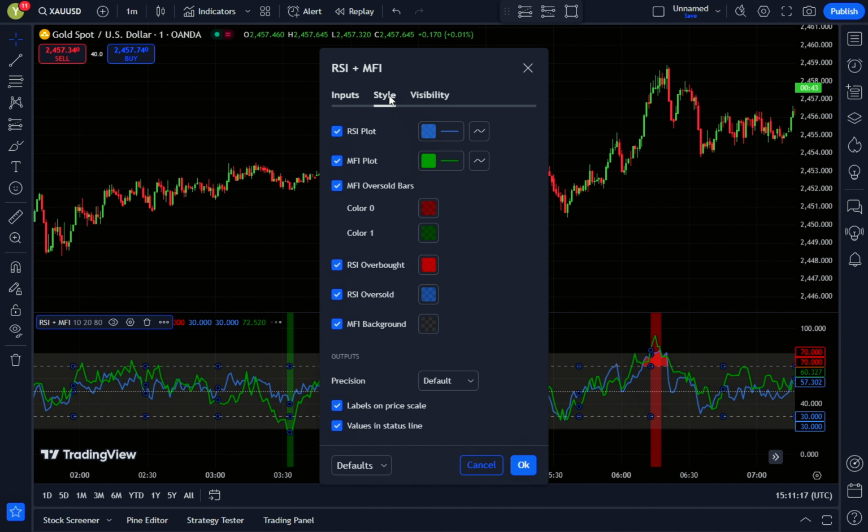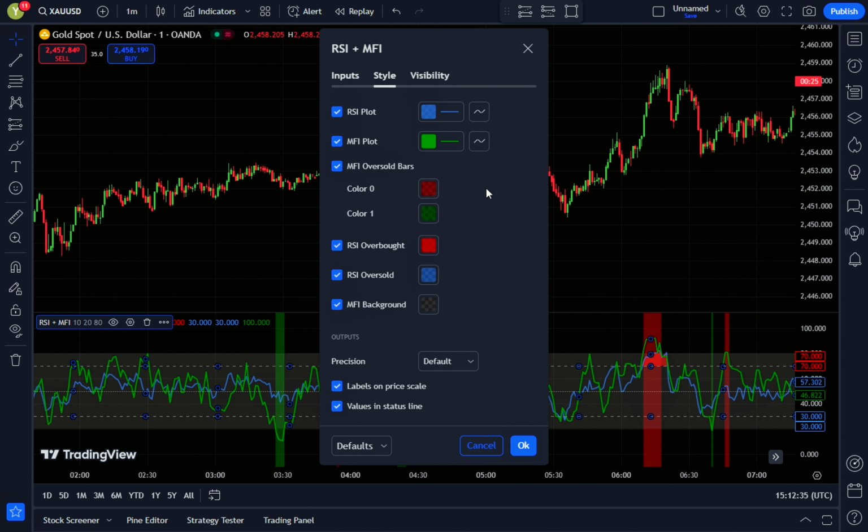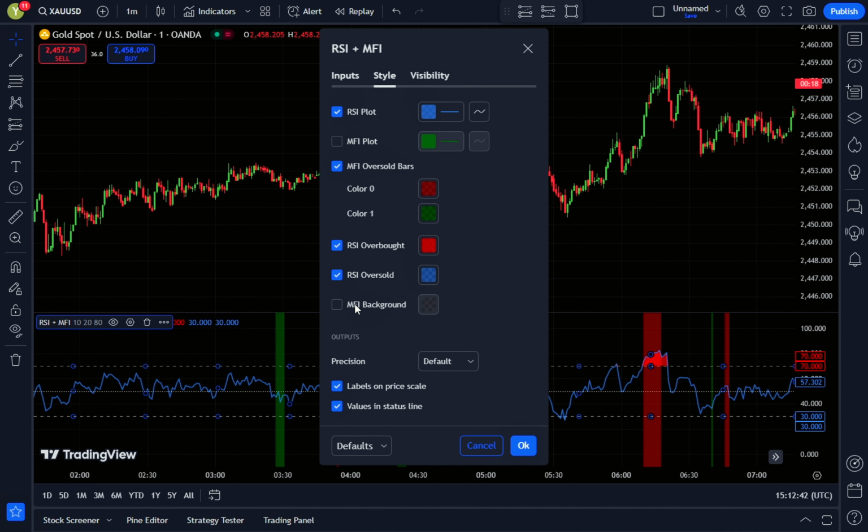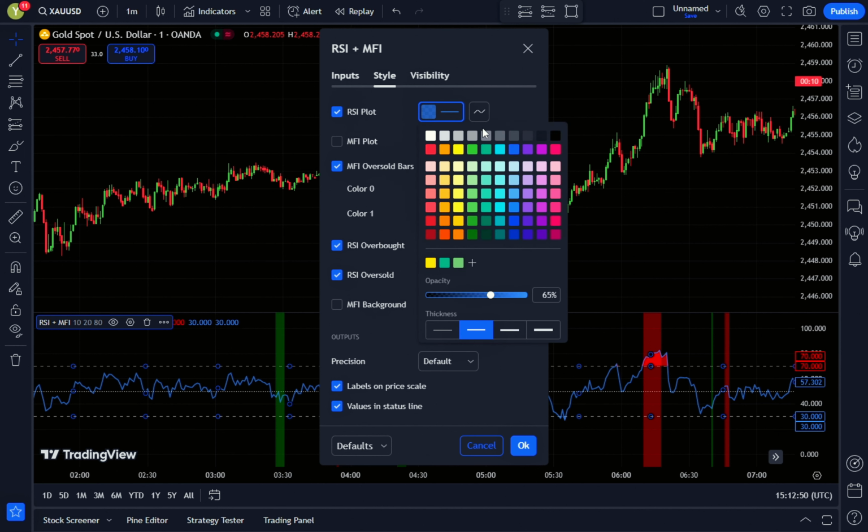Moving on to the Style tab, uncheck the boxes for MFI Plot and MFI Background. We want our chart to be as clean and focused as possible. Next, customize the RSI plot color to your preference. I personally prefer yellow because it stands out, making it easier to spot signals.